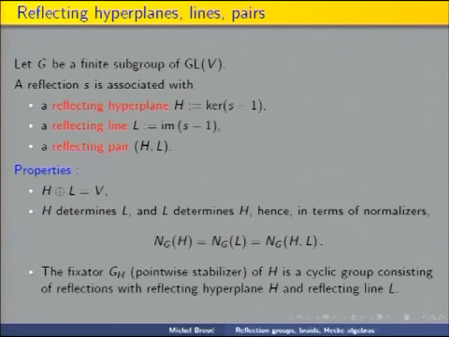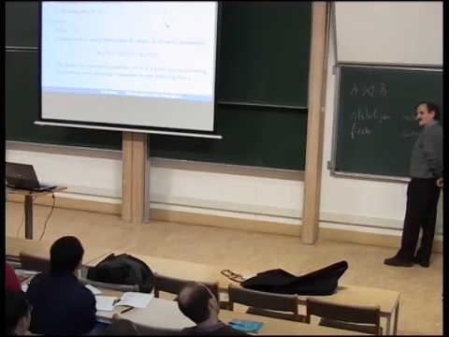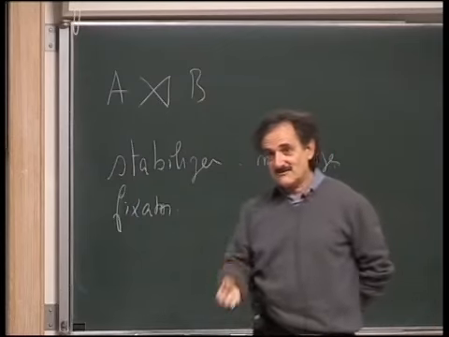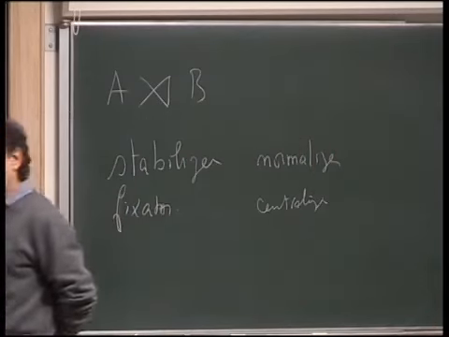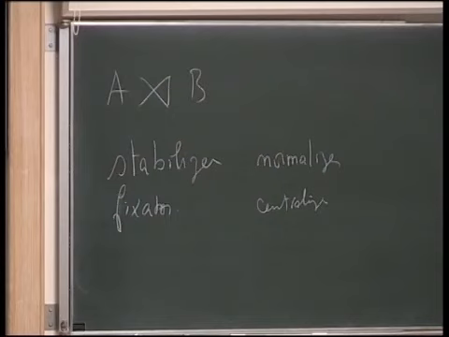Okay, this is the whole difference, and we should stick to this notation. This is exactly the same thing as normalizer and centralizer. Centralizer, normalizer permutes globally.